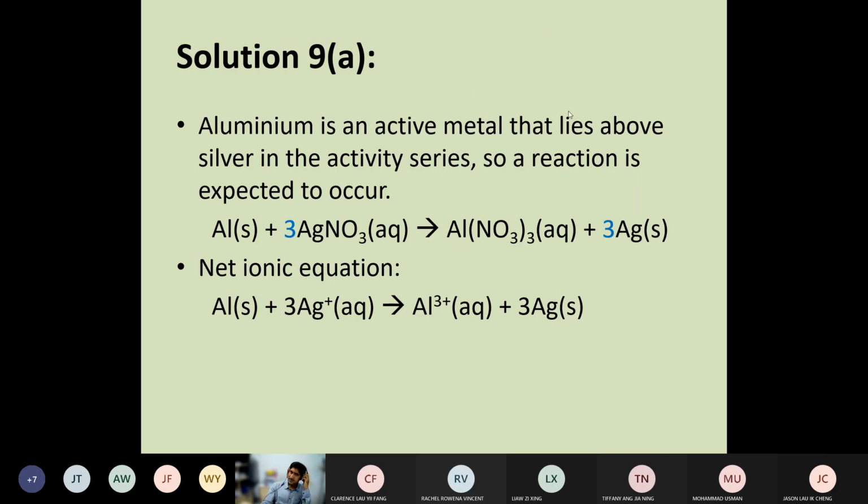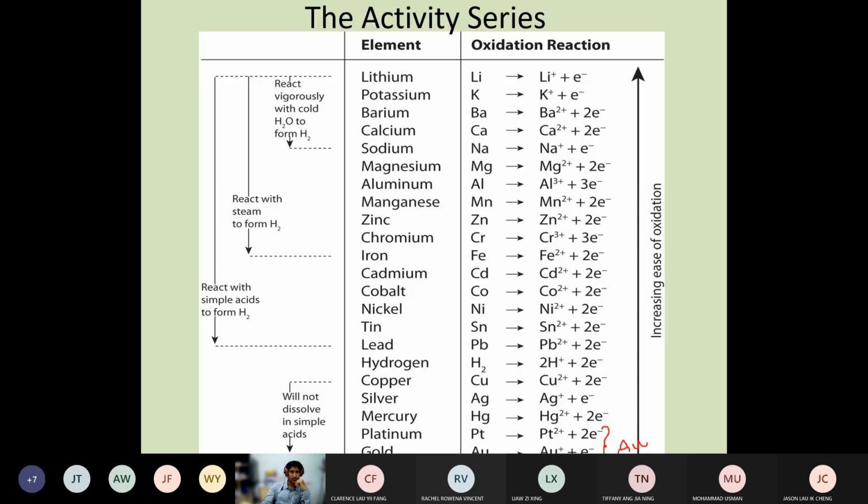So solution 9 says that aluminium is an active metal that lies above silver in the activity series. So a reaction is expected to occur because aluminium is on the top, right? Where is aluminium? Aluminium is here and copper is here.